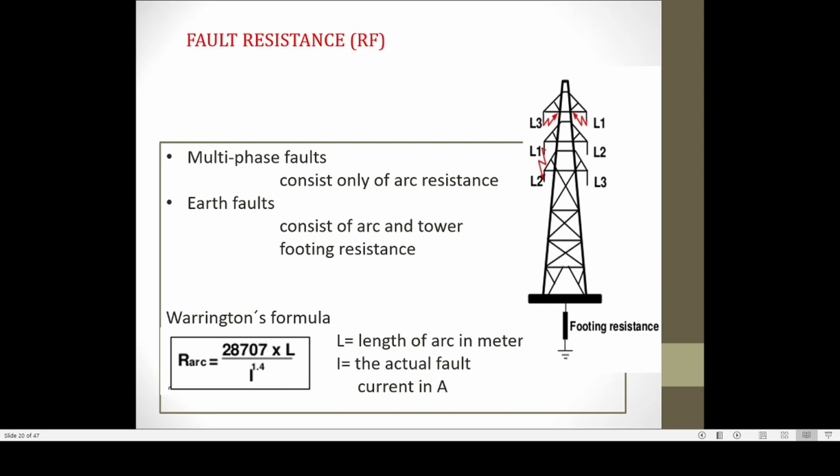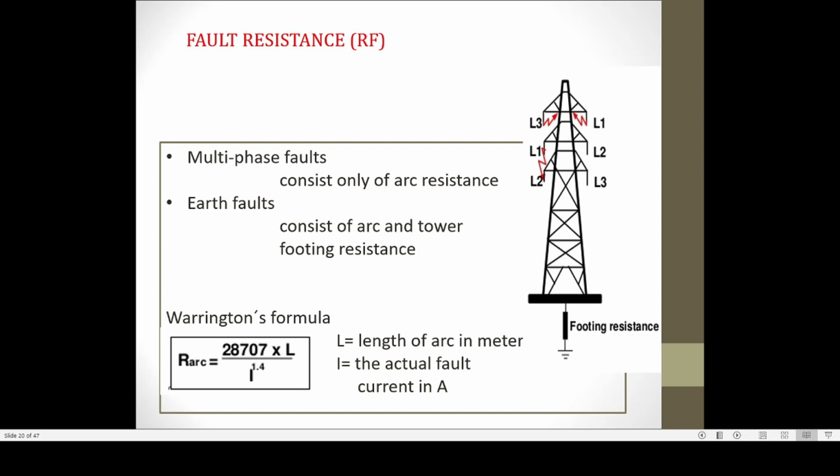where I is the actual fault current. Now, you know that if the fault is away from your substation, for example at the remote end of the line, then the fault current will be of lower magnitude for the relay at your substation. So, the lower the magnitude of the current, the higher the magnitude of the arc resistance.